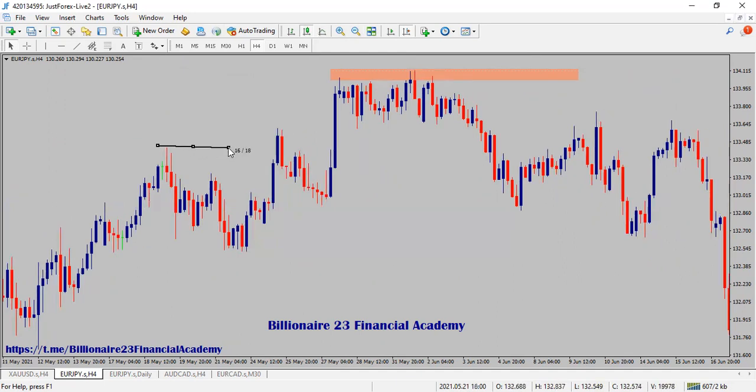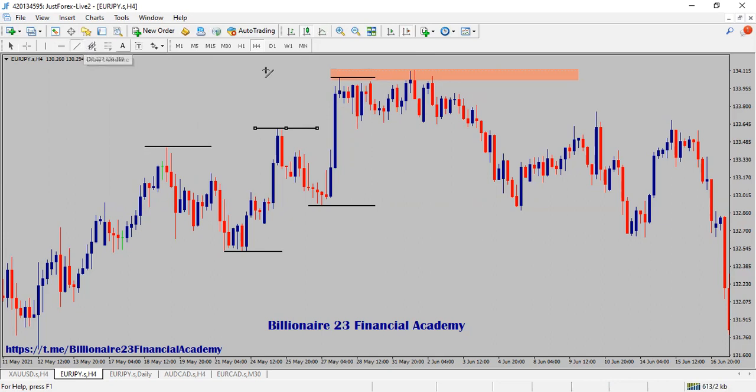We have a higher high, higher low, higher high, higher low, higher high, or double top.